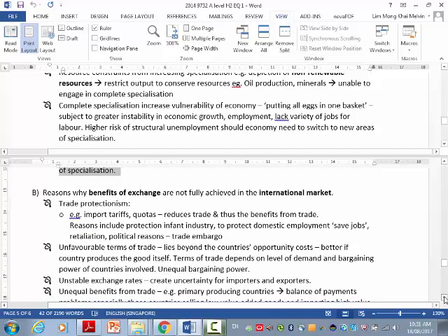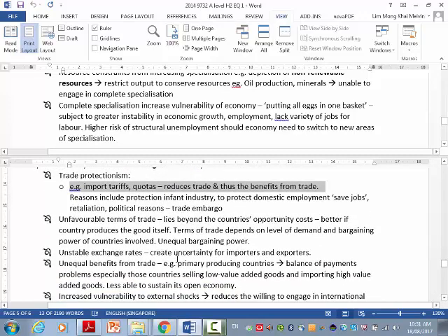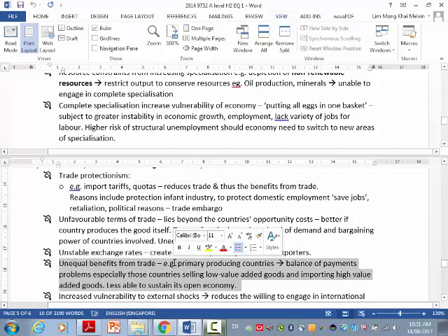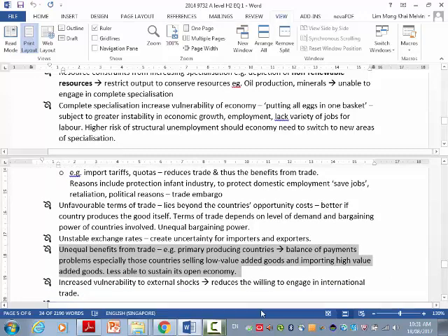Then last but not least, reasons why benefits of exchange are not fully achieved in the international market. So that's where we talk about international trade: trade protectionism, unfavorable terms of trade, unstable or volatile exchange rate, unequal benefits from trade, as well as increased vulnerability to external shocks.